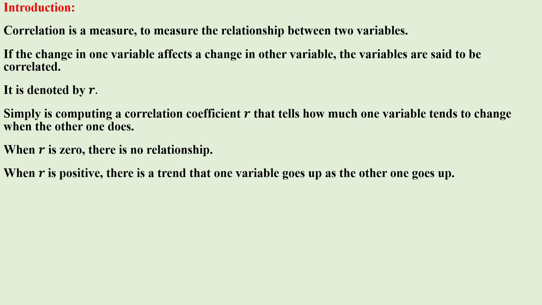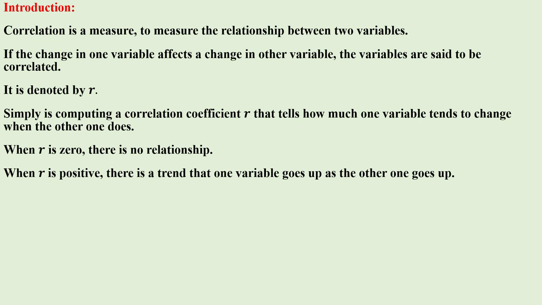If r is positive, there is a trend that one variable goes up as the other one goes up. Both are going up and up. If x is increasing, then y is increasing. In the graph, x is increasing, then y is increasing.